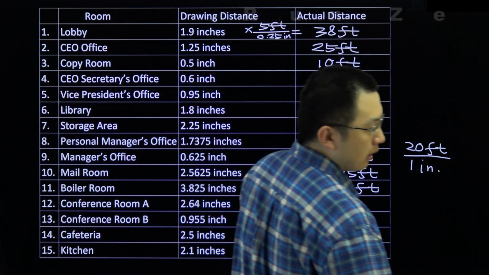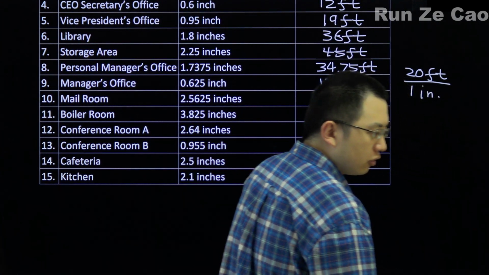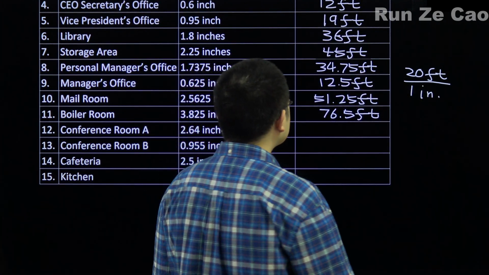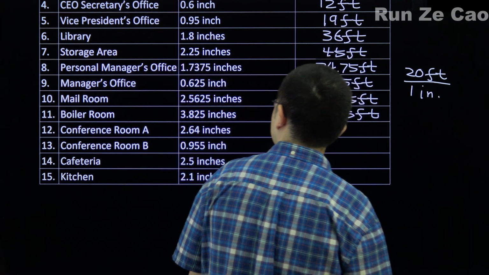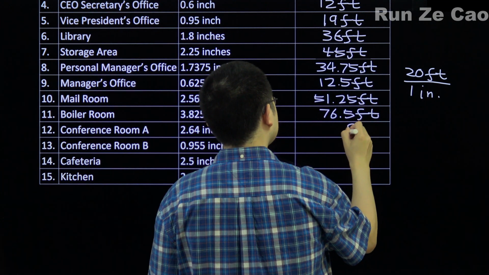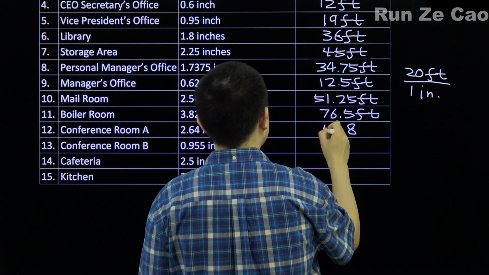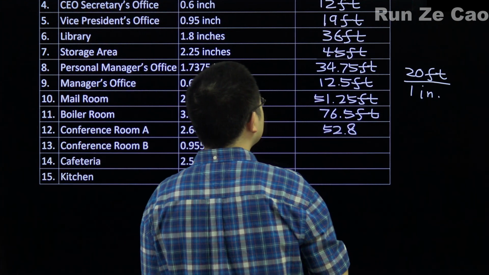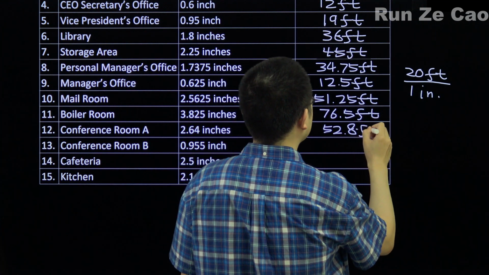Okay, then. What about conference room A? 2.64 inches. At 20 feet per 1 inch, that's 26.4 times 2. So 0.8 at the end. And then 52. This is, of course, in feet.